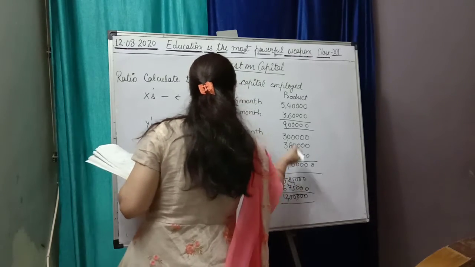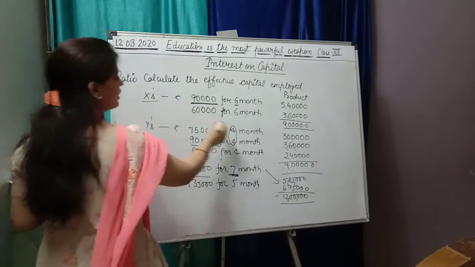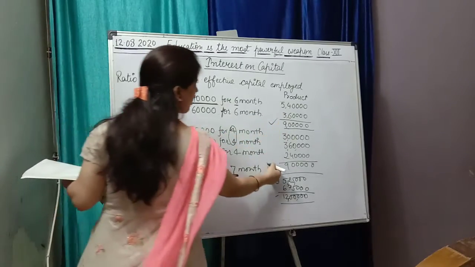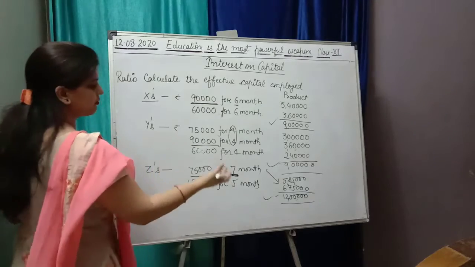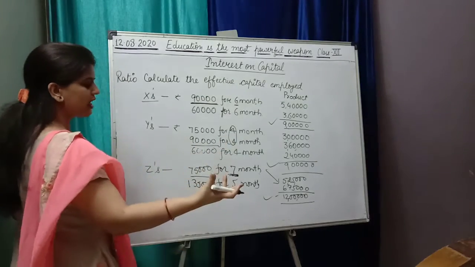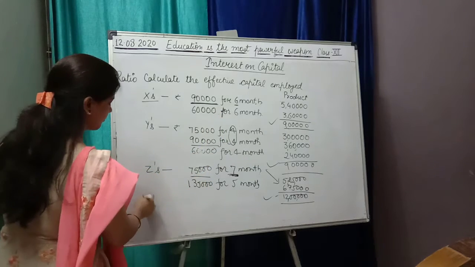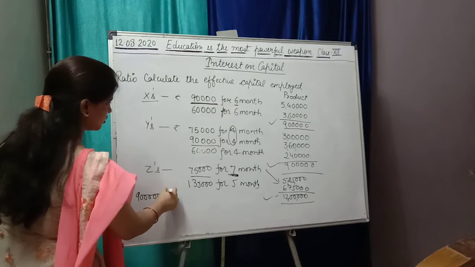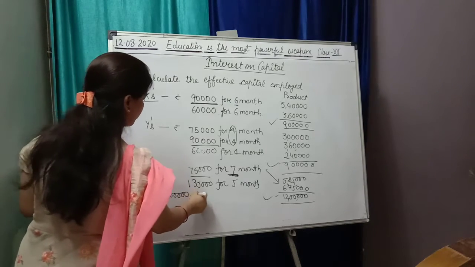Okay, now these are the capitals. X's effective capital is 9 lakh, Y's is 9 lakh, and Z's capital is 12 lakh. Now we got the capitals; how to calculate the ratio? We have to take out the ratio: 9 lakh, 9 lakh and 12 lakh.